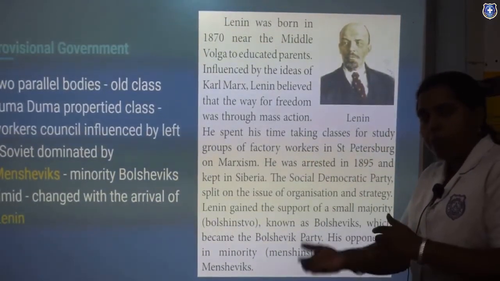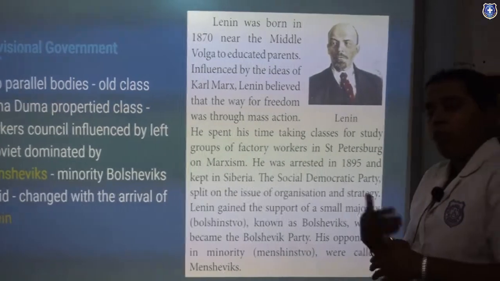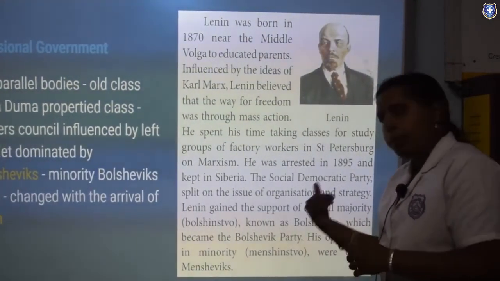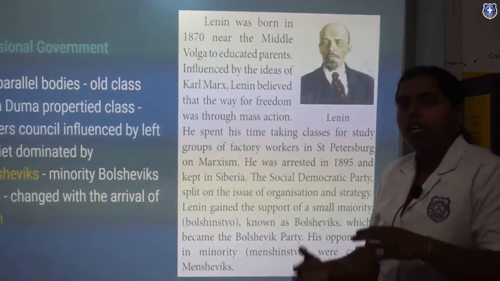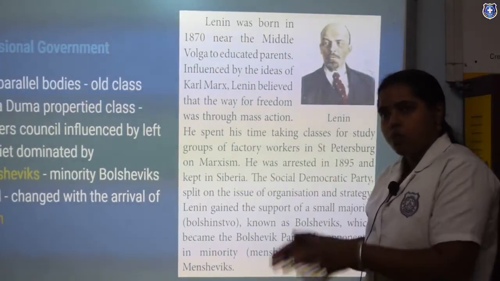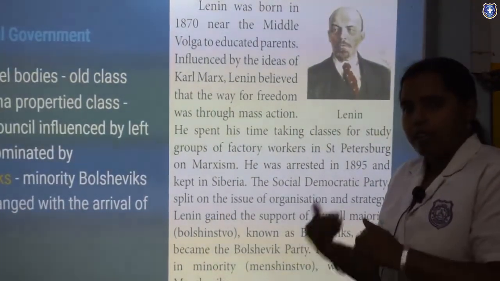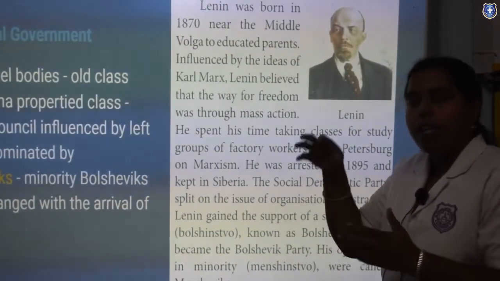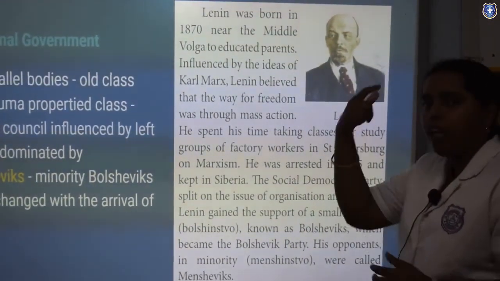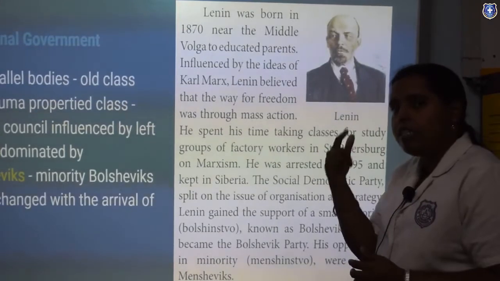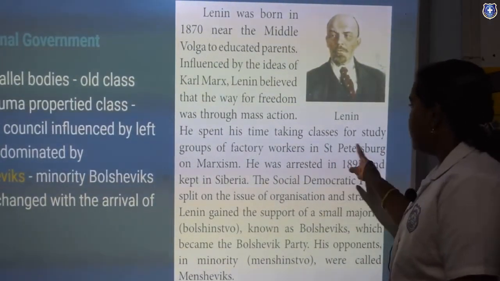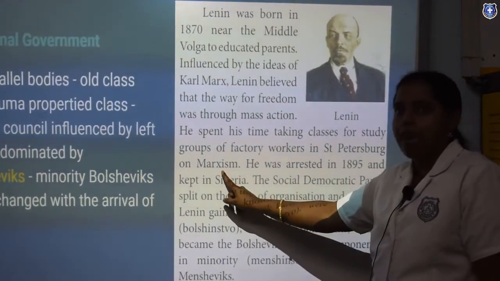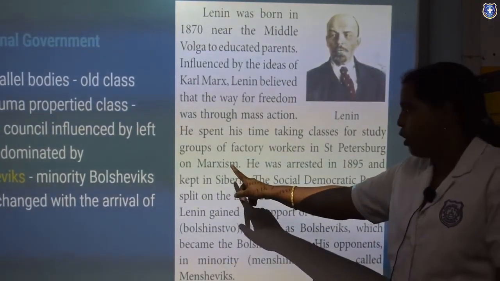He goes to the working community and the peasants, and he used to teach them how the society is being run by the rulers and how they are being affected. He gave a very good idea about how the society is, in St. Petersburg, on Marxism. Marxism, you know, is an ideology.